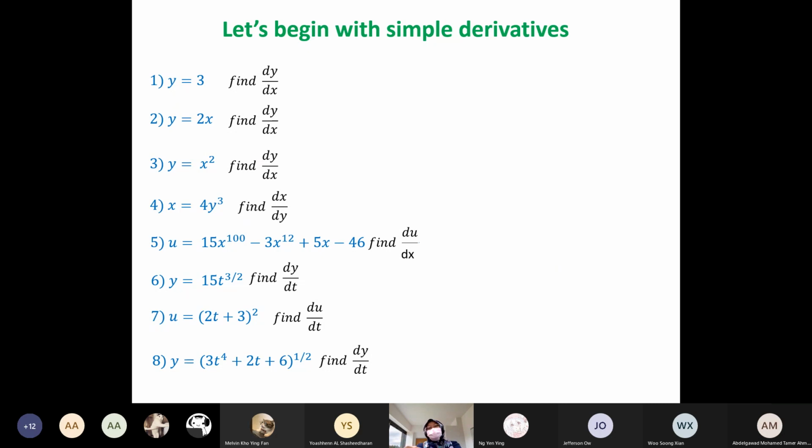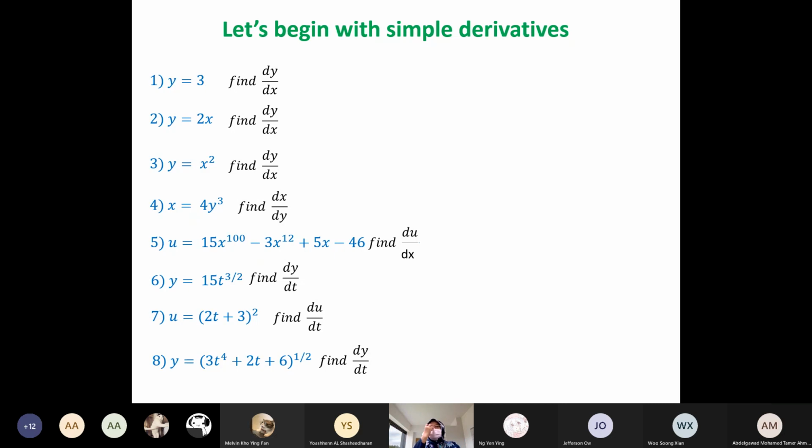Before we go to partial differentiation, I believe all of you already know how to differentiate simple things, before we go into quite complicated mathematical problems. So let's try to recall how to do a simple derivation.